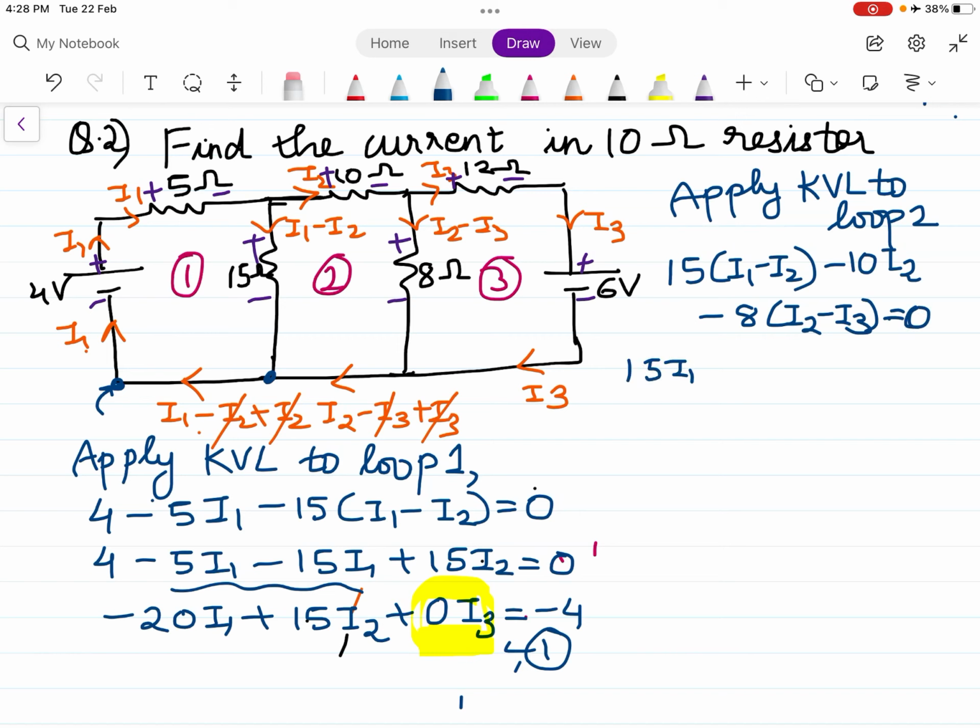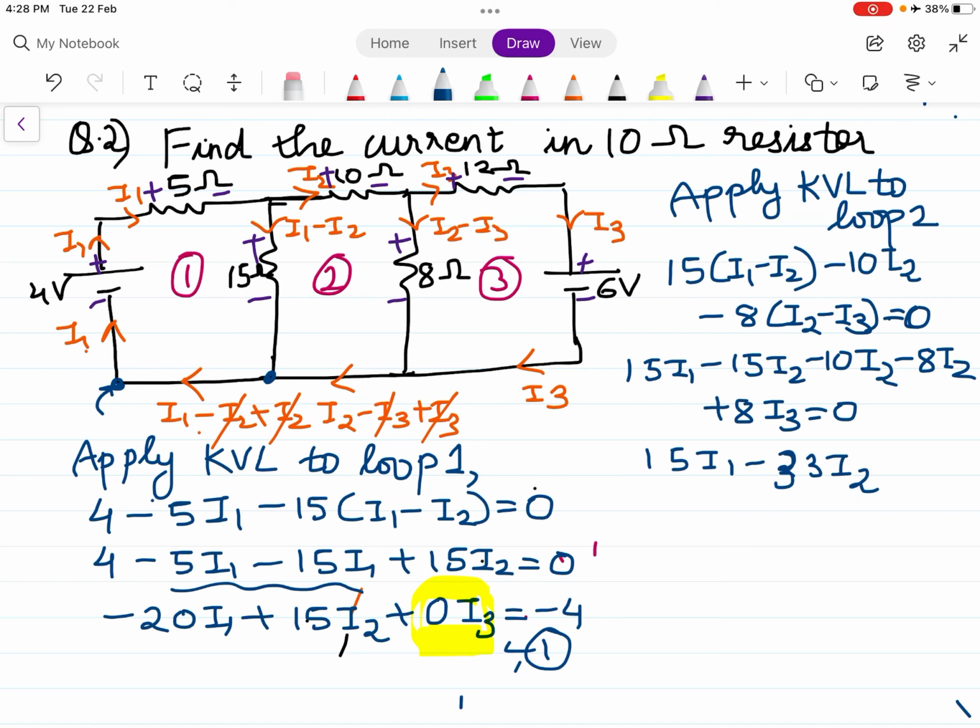So this is 15 I1 minus 15 I2 minus 10 I2 minus 8 I2 plus 8 I3 equal to 0. 15 I1 minus 23 plus 10, so this is 33 I2, and plus 8 I3 equal to 0. This is equation number 2.